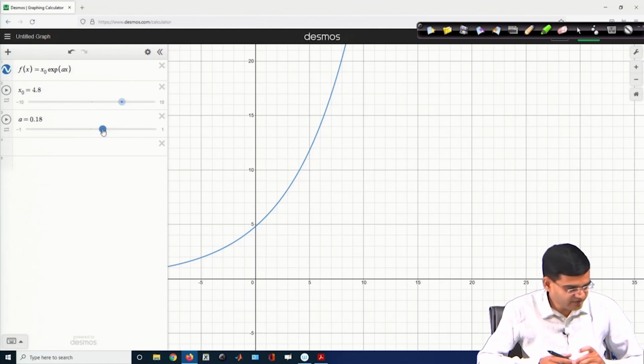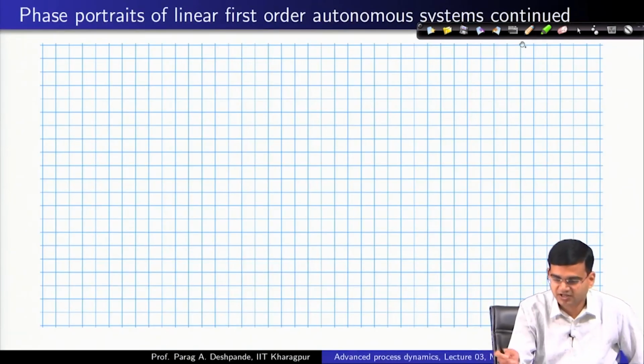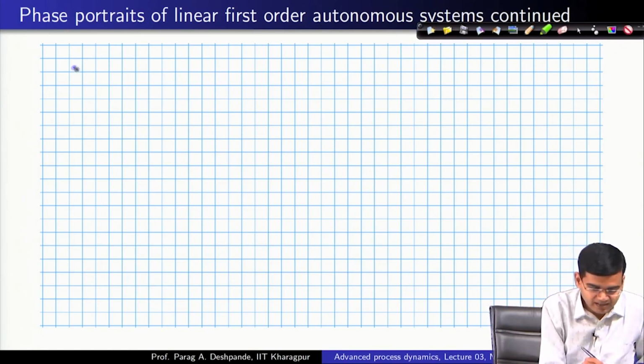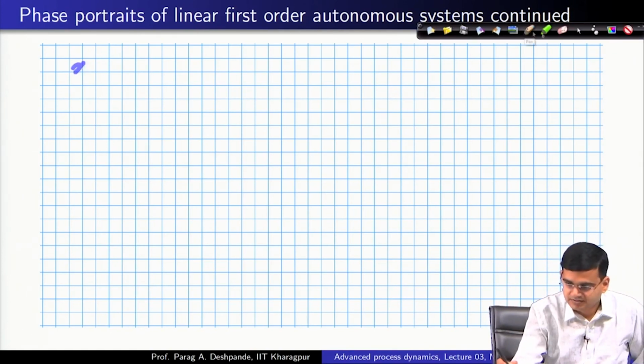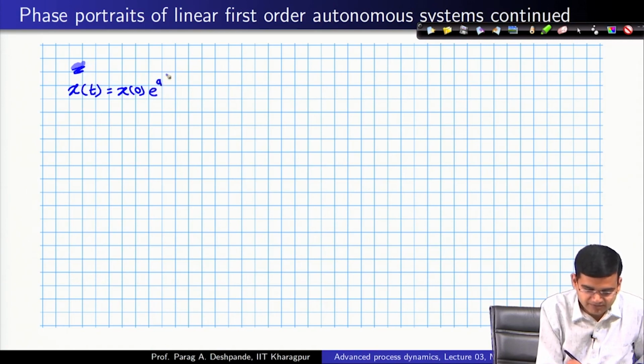So, now we see an interesting thing. I now have x of t equal to x of 0 e to the power a t.